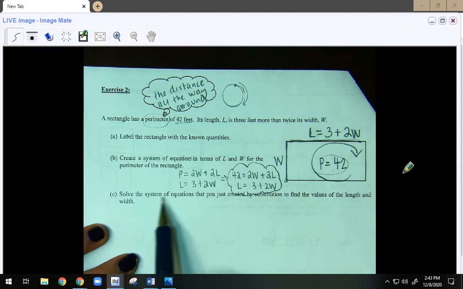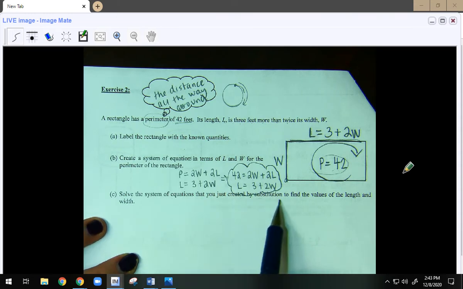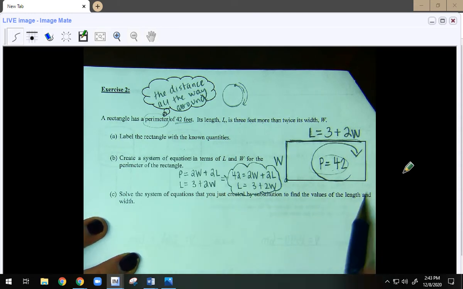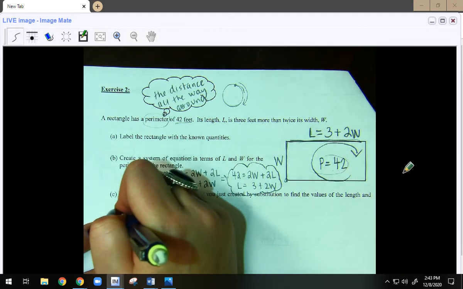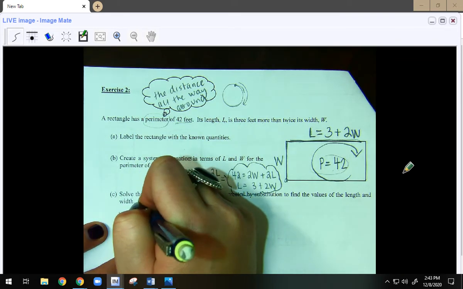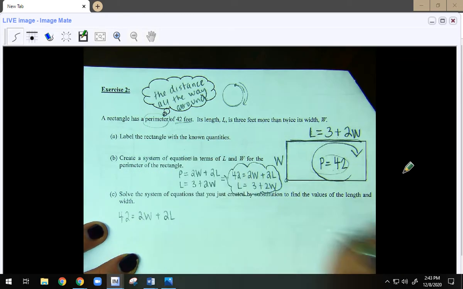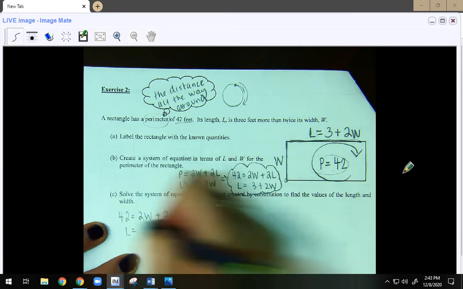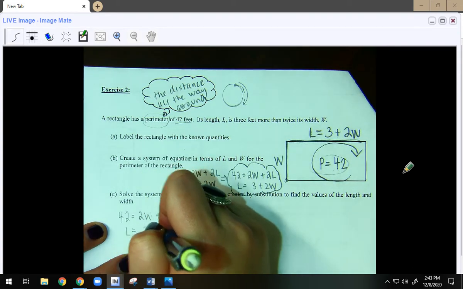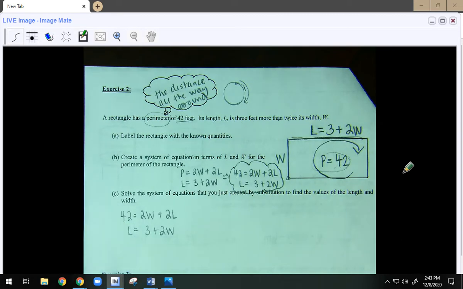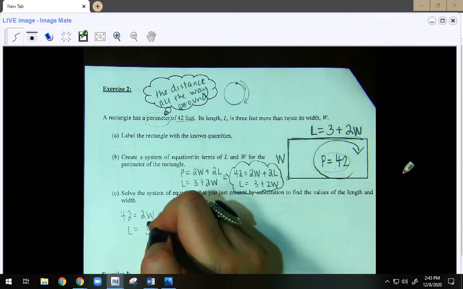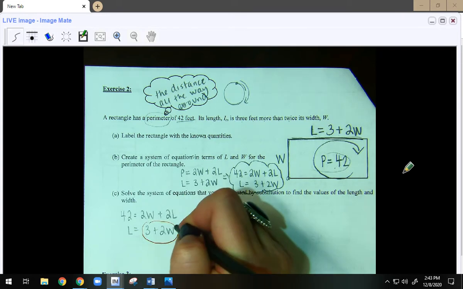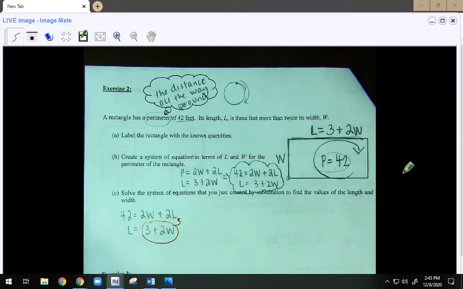So solve the system of equations that you created by substitution to find the values of the length and the width. So 42 equals 2w plus 2l. L equals 3 plus 2w. Okay, substitution. Well, of course, substitution, because you have L equals something already. So you can plug it right in for this L term.